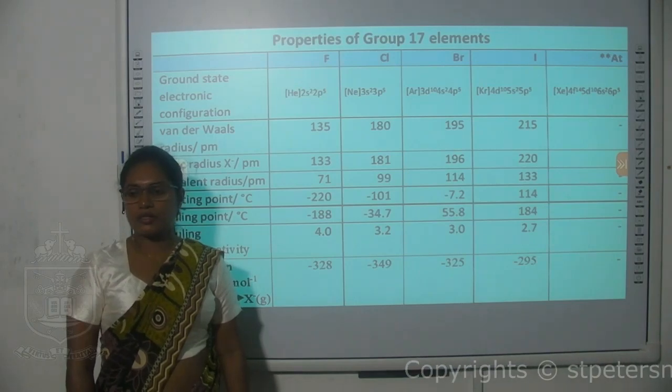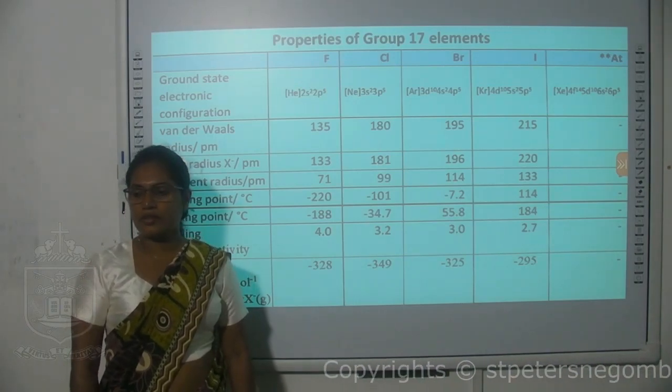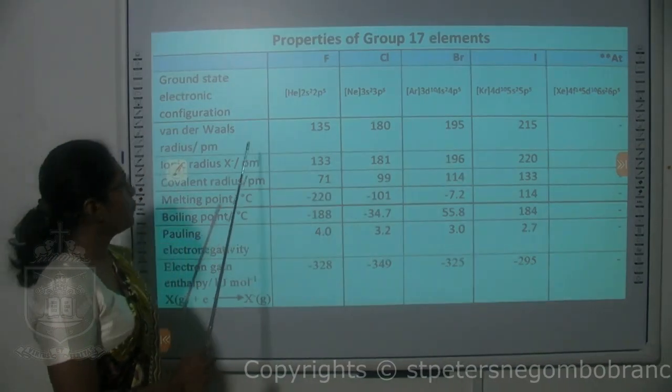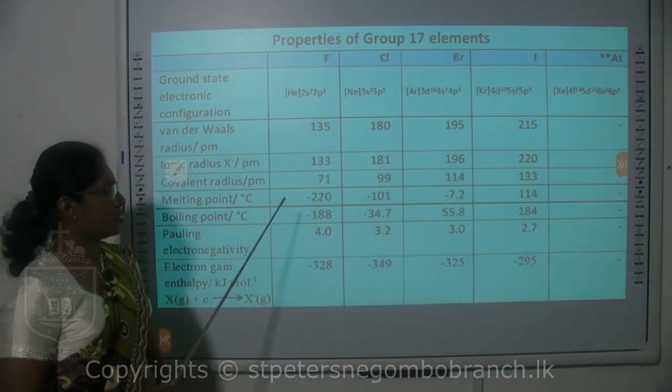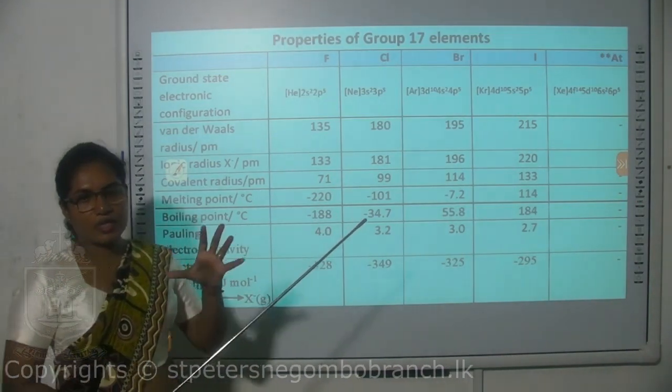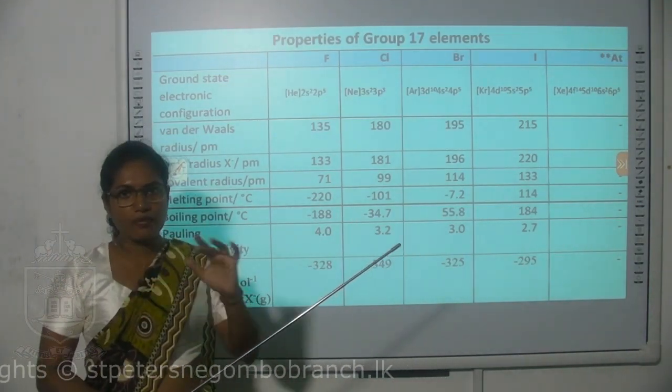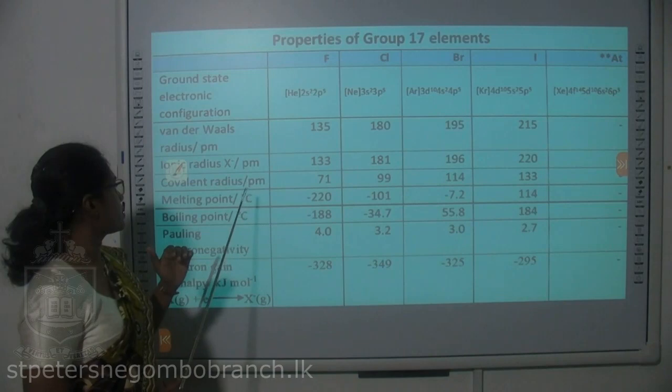And van der Waals radius, you can see here van der Waals radius is increased, because the atomic radius increases and the van der Waals radius also increases.